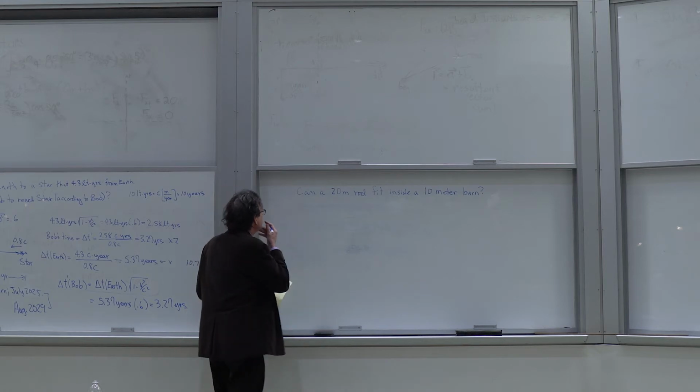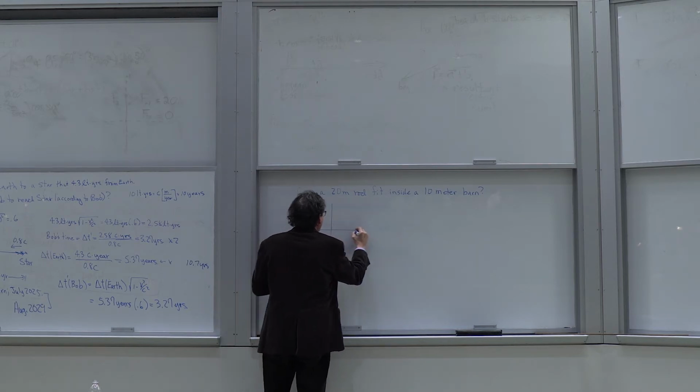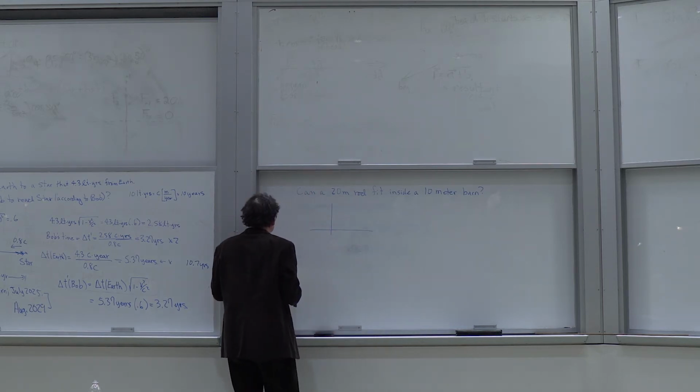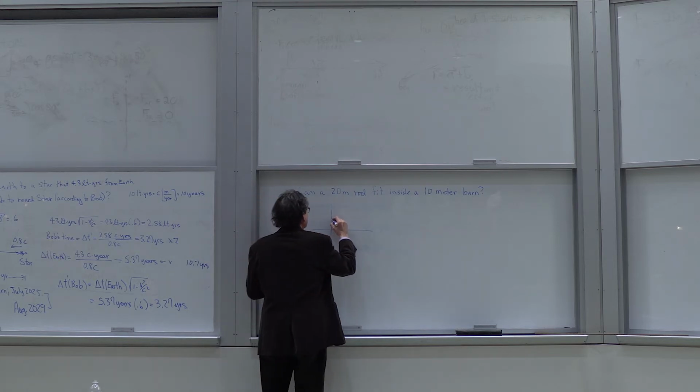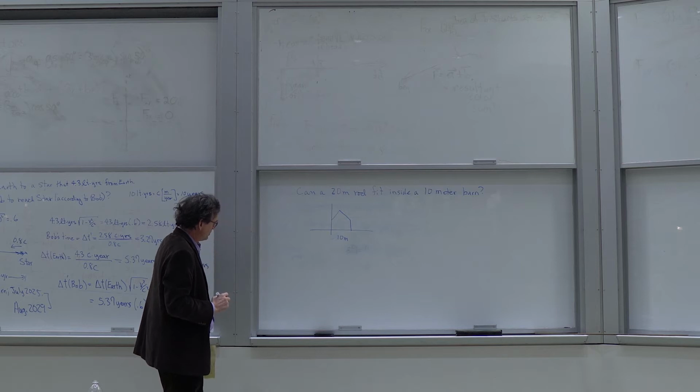So Alice says, I think what we can do is, let me draw a picture here. I've got a coordinate system, and of course this coordinate system is for Alice. And she's got a barn that's 10 meters. That's 10 meters long.